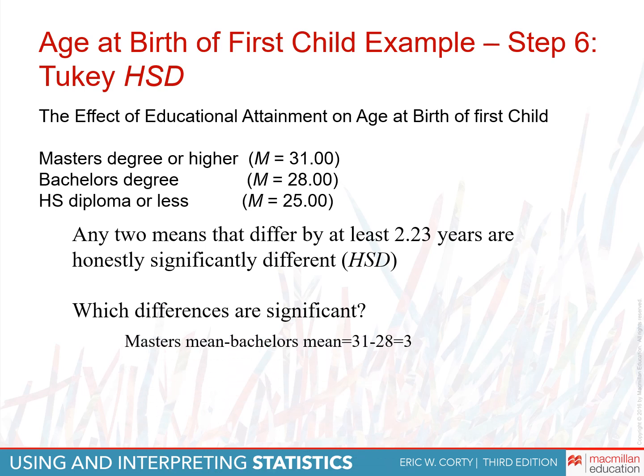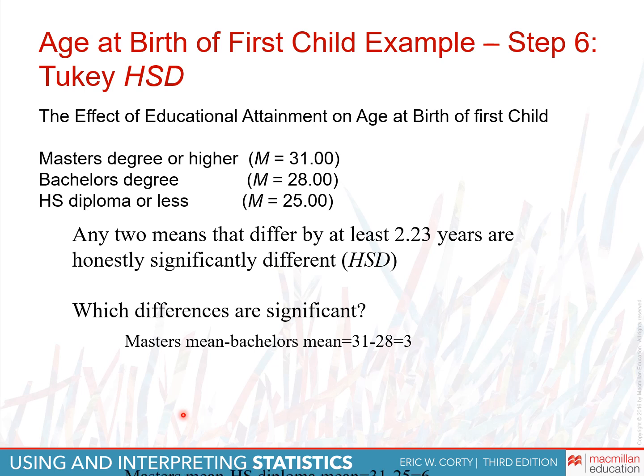If we take the mean for the folks who have a master's degree minus the mean of the folks who have a bachelor's degree, we get 31 minus 28, which is 3. So the difference between those two means is 3 years. That tells us that the difference between master's degree and bachelor's degree is honestly significantly different because it's at least 2.23. We have a distance of 3 years here.